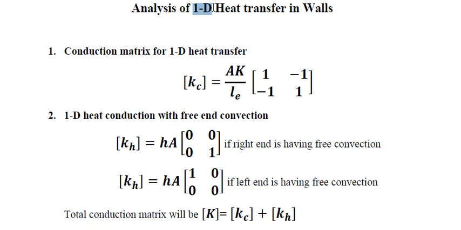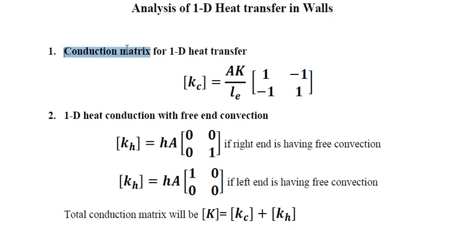Heat flow happening only in one direction is known as 1D heat transfer, and we are dealing with walls, to be specific, composite walls. We have derived a number of expressions in composite walls.